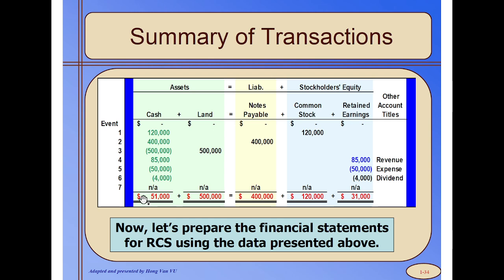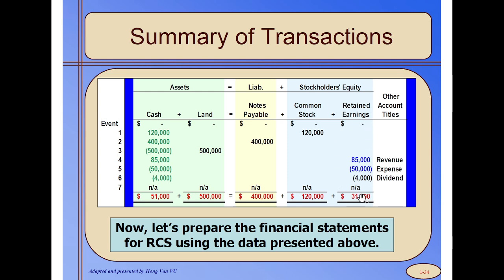By the end of the period, you can see that the company has a total cash amount equal to the sum of all of the transactions here. It is 51,000 and the land value is 500,000. The company still owes the creditor 400,000. The common stock value is unchanged at 120,000. However, the company did a good job. They earned 85,000, paid 50,000 for operating expenses, and paid the dividend.